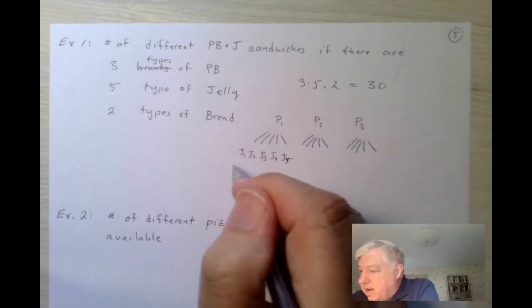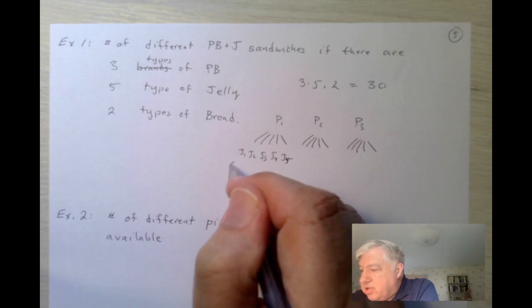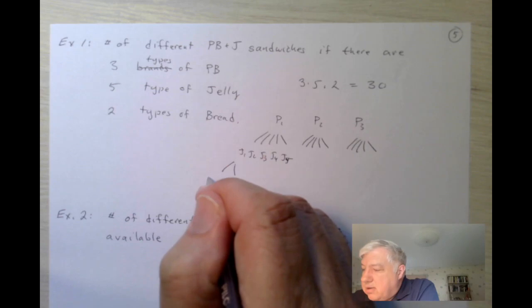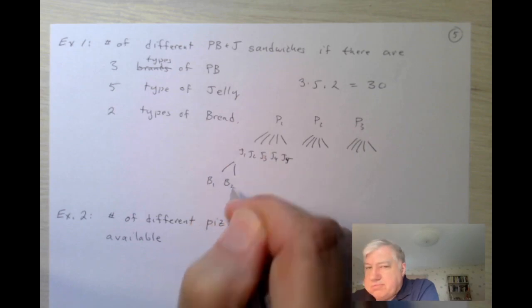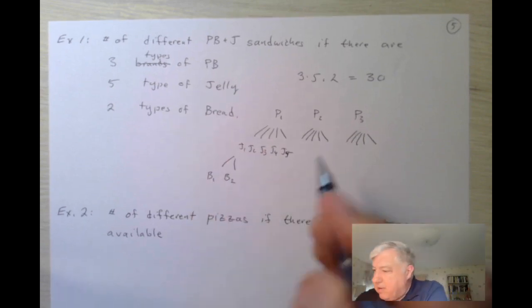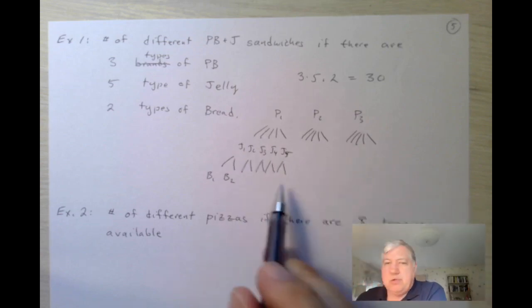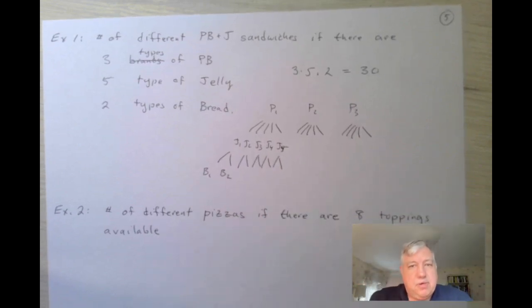And then for each choice of jelly, after you do that, you have two types of bread to choose from, right? So once again, you have all these nodes here, and that corresponds to the number of possible sandwiches. So it'd be 3 times 5 times 2. That's 30. Okay.